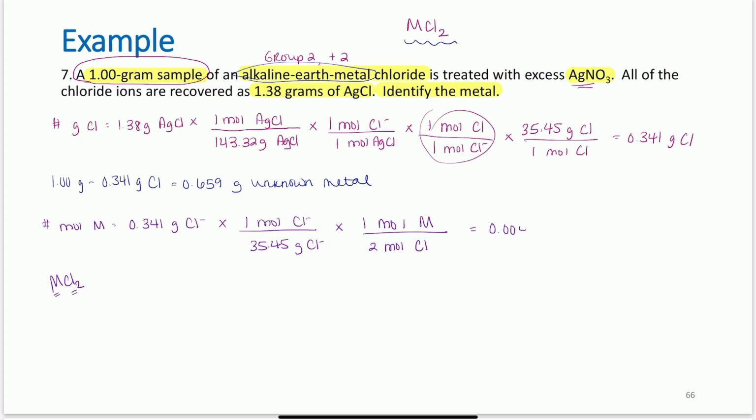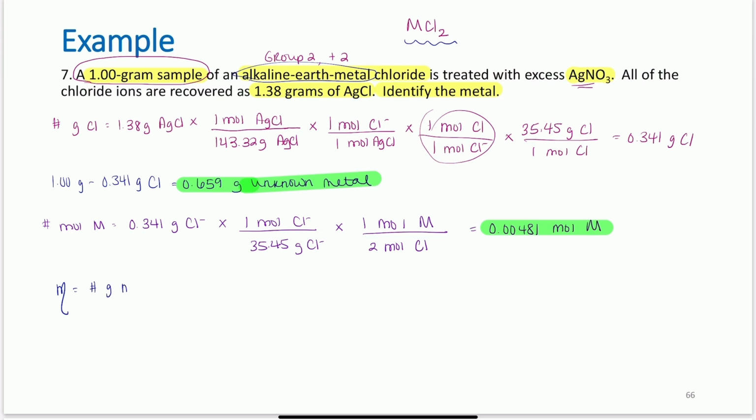This gives me 0.00481 moles of your metal. Now I have grams of my metal, moles of my metal. So I can do what I like to do and solve for molar mass.